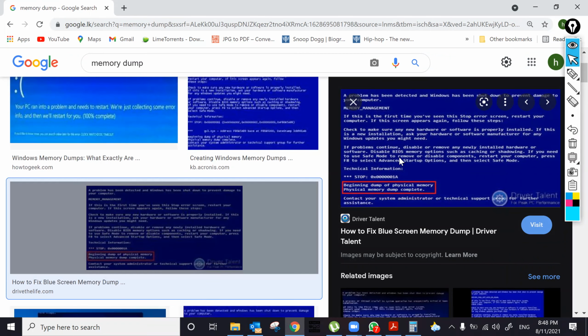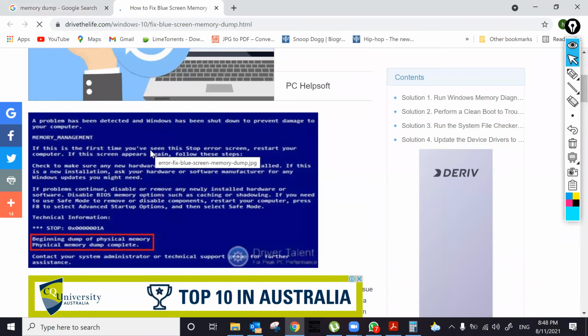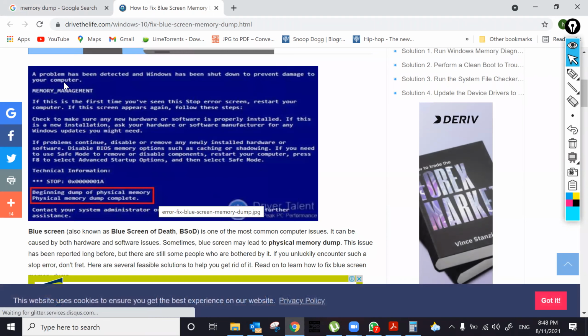Right. I got some memory dump strings to elaborate. A problem has been detected, and Windows has been shut down to prevent damage to the computer. Memory management. If this is the first time you have seen this stop error screen, restart your computer. If the screen appears again, follow these steps. Check to make sure any new hardware or software is properly installed.